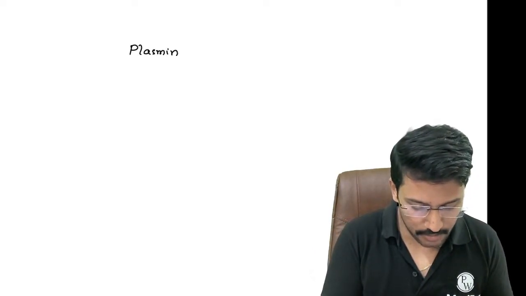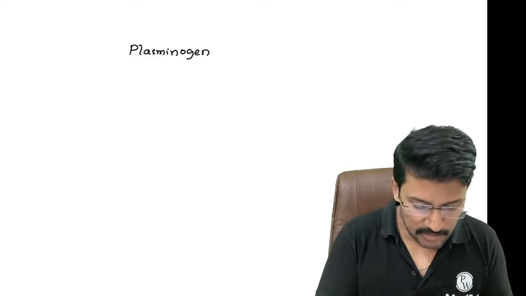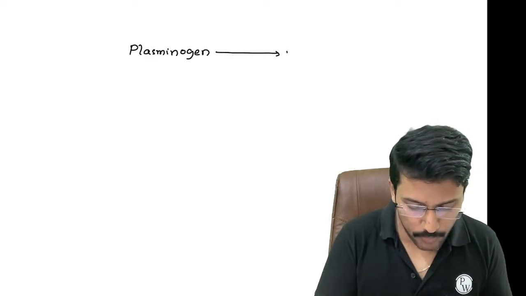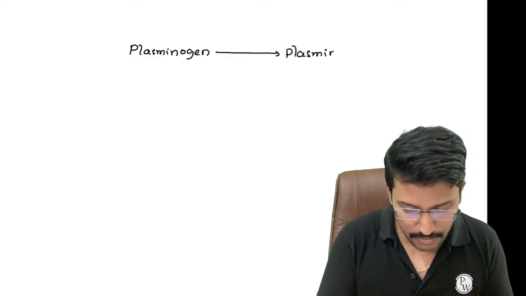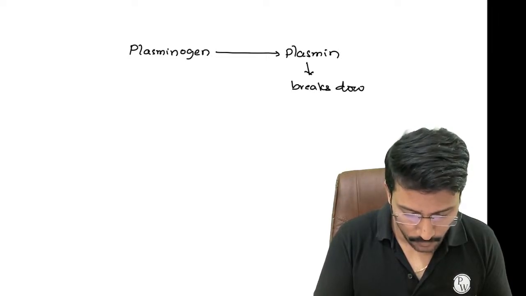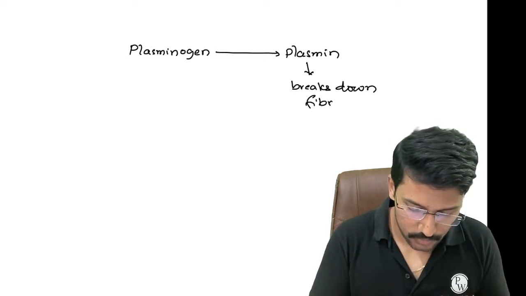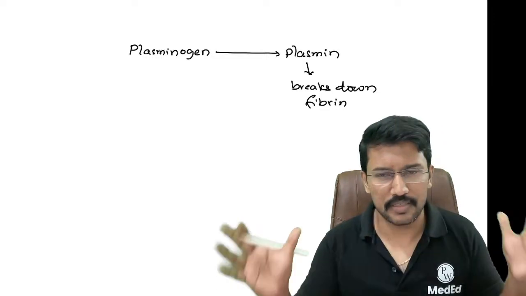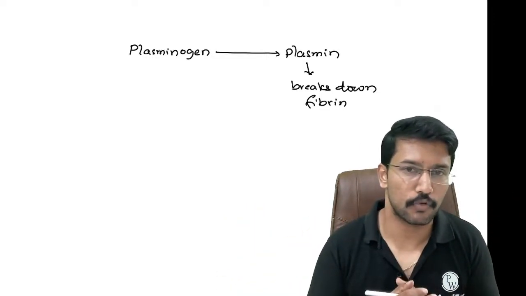There is something called plasminogen. This plasminogen should be activated to plasmin, and this plasmin breaks down fibrin. Once we break down the fibrin, all the cells will be disintegrated and cleared. The clot will be cleared from that site.